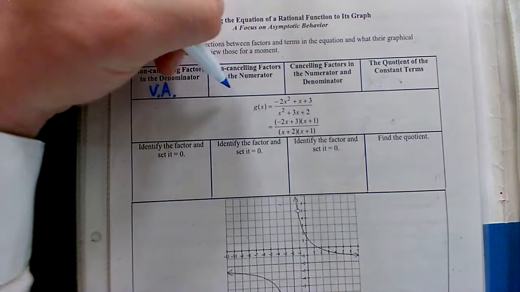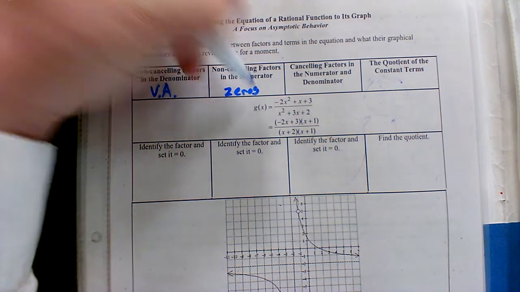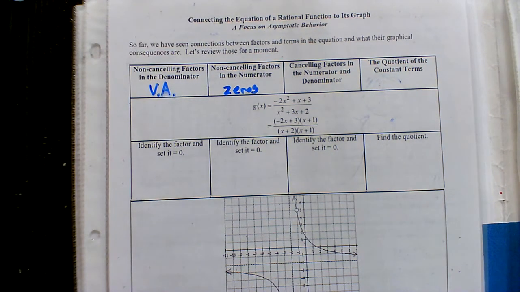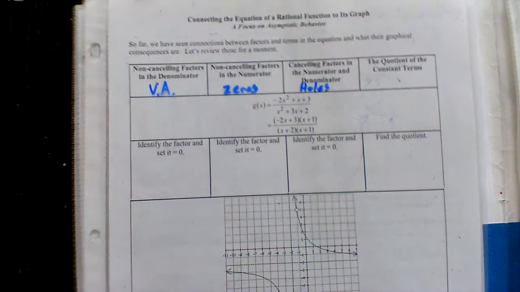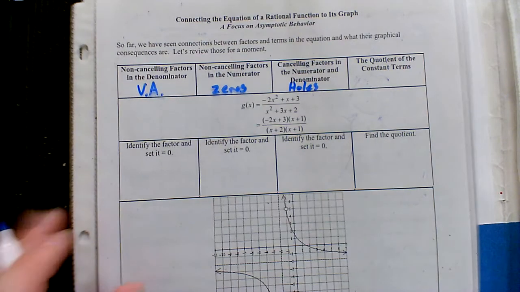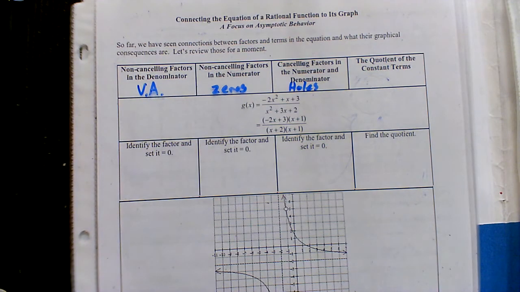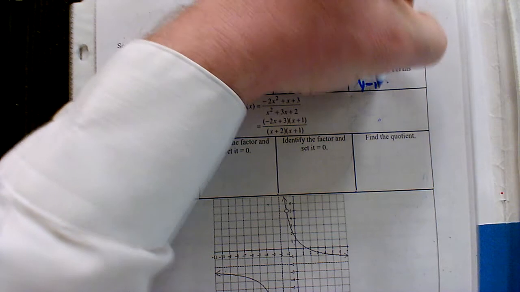Zeros. Canceling factors in the numerator and denominator? Holes. And the quotient of the constant terms? Yes, y-intercept.